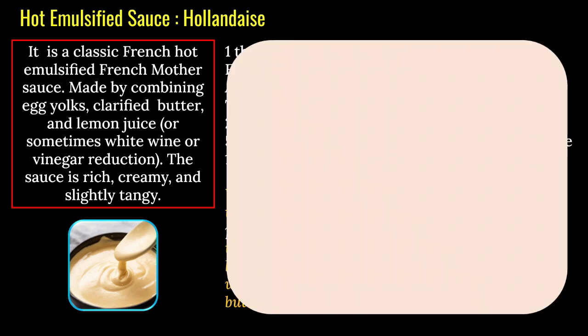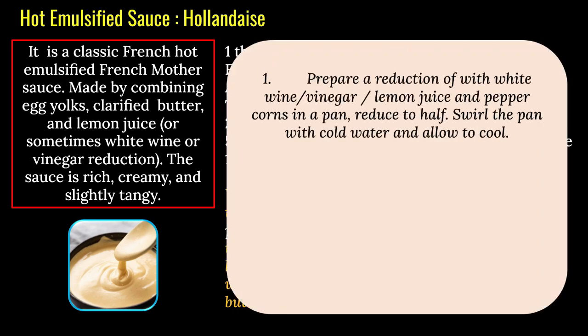Clear? Now the method. First, prepare a reduction of white wine, vinegar or lemon juice and crushed peppercorn in a pan. Reduction means by boiling I am going to reduce it. To what extent? To make it half. So in a heavy bottom pan, you take this mixture and put it on a moderate flame.